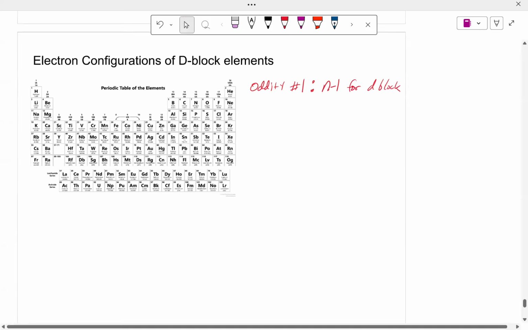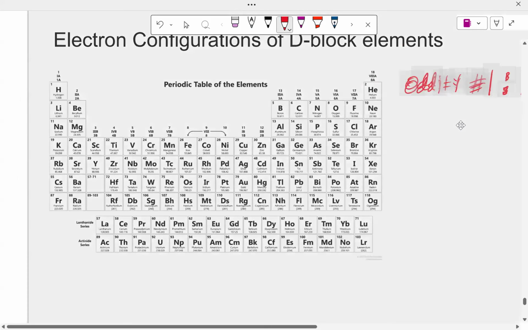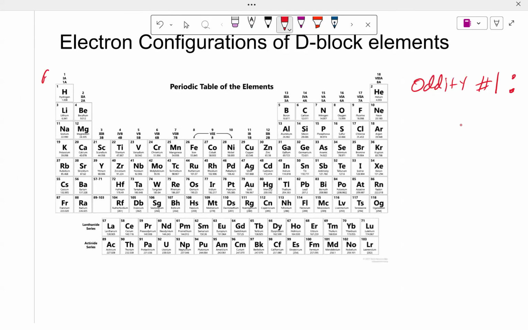And what I mean by this is let's look at this periodic table. So n here for these rows are 1, 2, and 3. Now, when we get to 4, that 4 applies to the first two columns and then these last six.